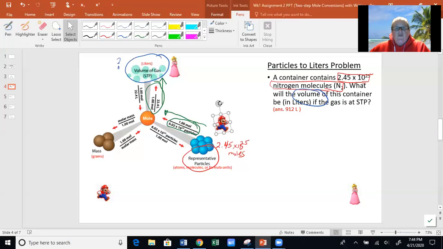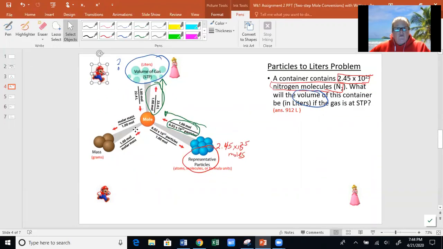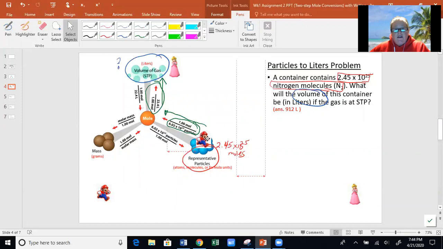All right, he's going to run backwards. He can only take one pathway, and this is it. So he needs to follow this conversion factor and this conversion factor in order to get to Princess Peach. All right, so we're going to put him back down here. That's where he's starting. And let's just go ahead and solve this problem.